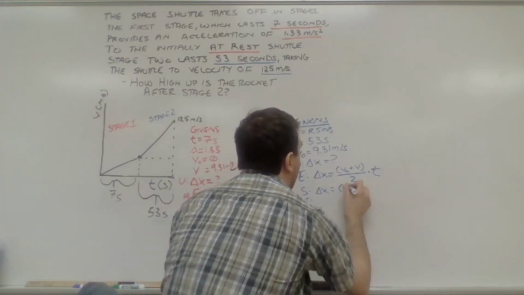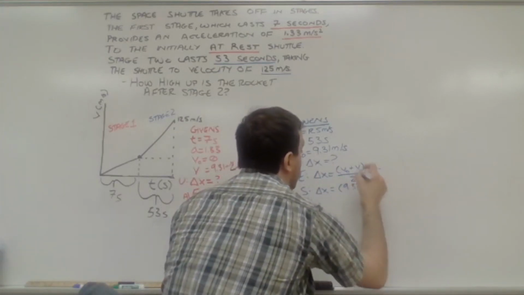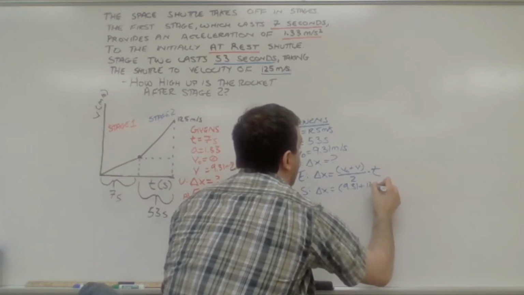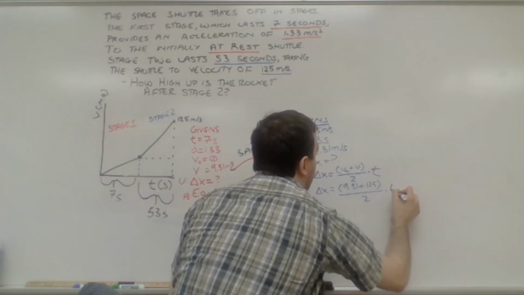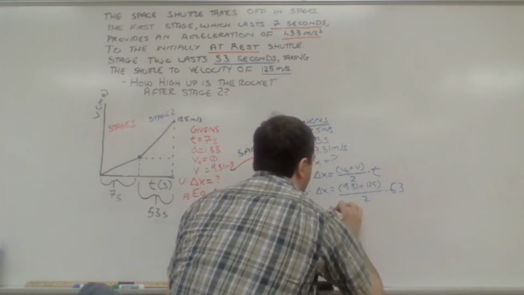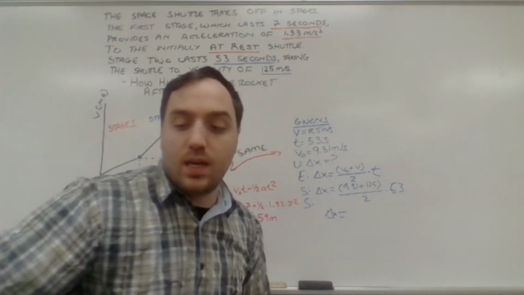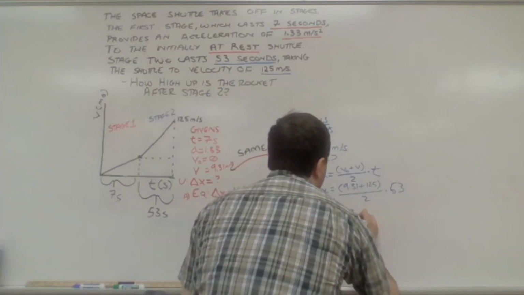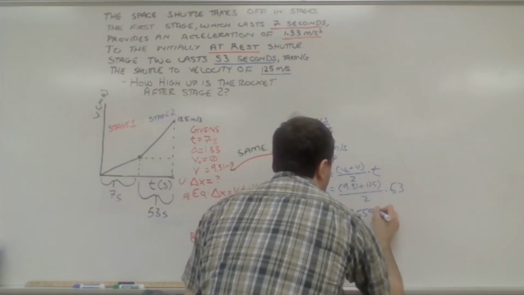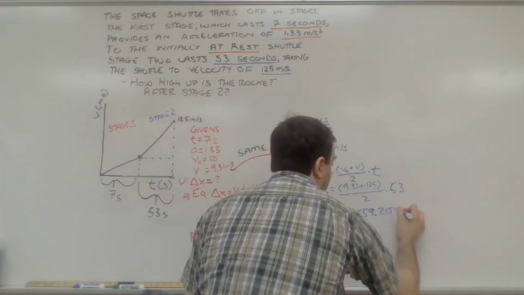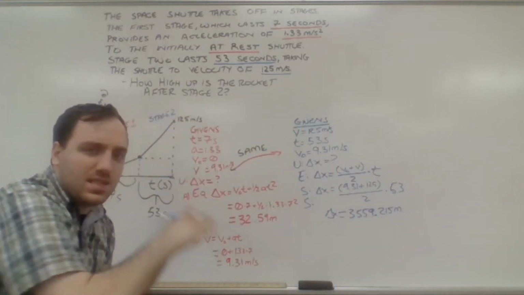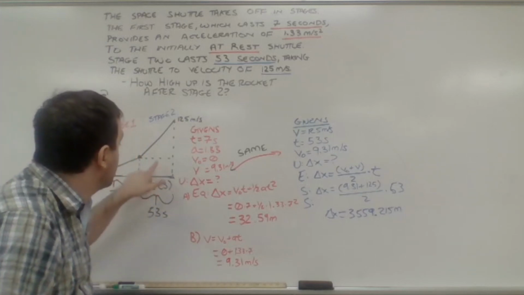V naught is 9.31. V final is 125, over 2, times 53, which gives me 3,559.215 meters. Now, you'll notice that this isn't the answer we got last time, because that's just for stage 2.